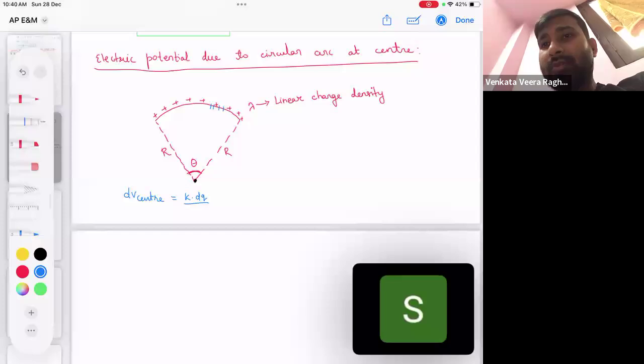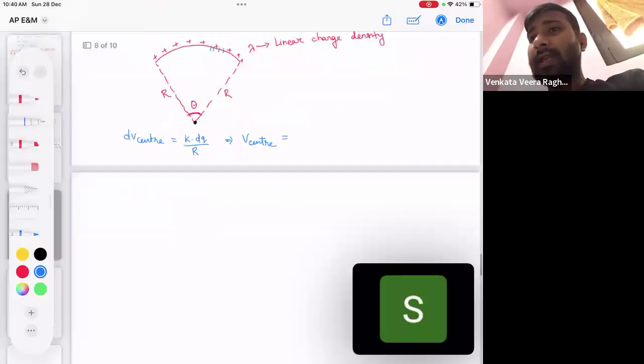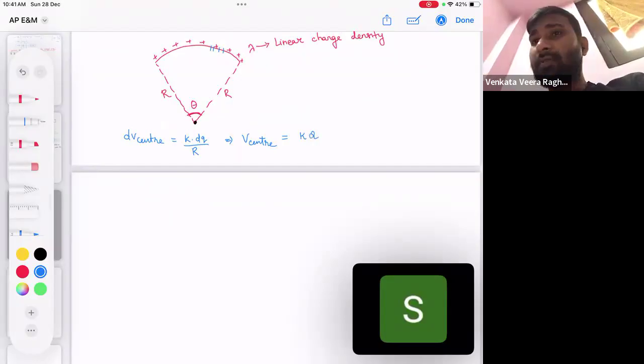K dq by r. So the net potential at the center, can I write it as K and integrate dq? K and capital R are constant here in this question. So the integration of dq will come, and integration of dq means Kq by R will come.